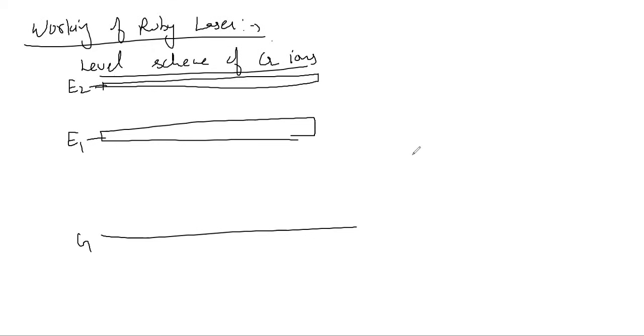There is a third level here, and this level is a metastable level. I'll tell you what is a metastable level. Yesterday we said that most of the excited states in the case of atoms usually have a lifetime of 10 raised to power minus 8 seconds also.